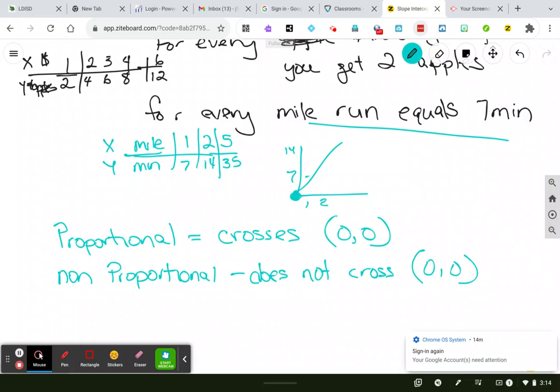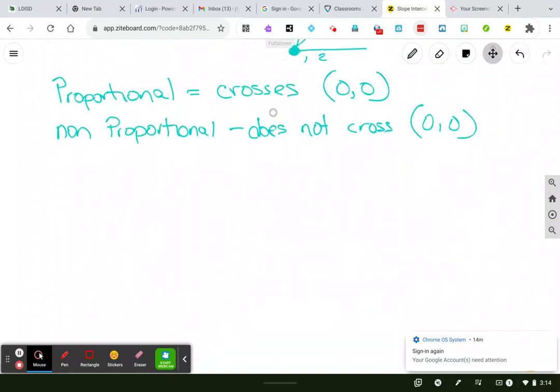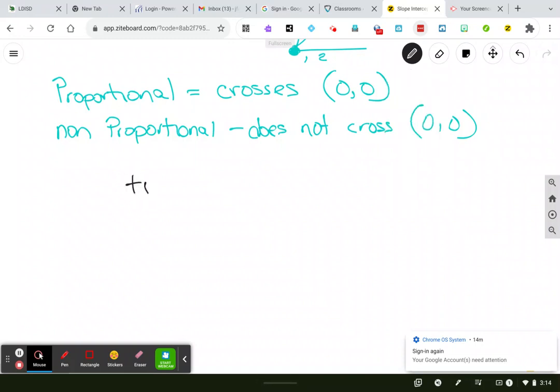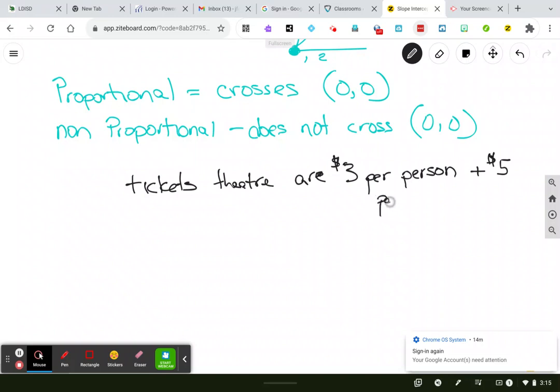An example of a non-proportional relationship would be something like this: tickets to a theater are $3 a person plus a $5 parking fee.